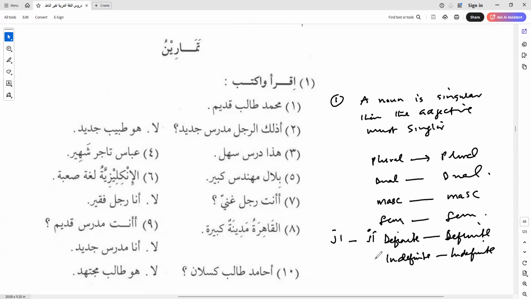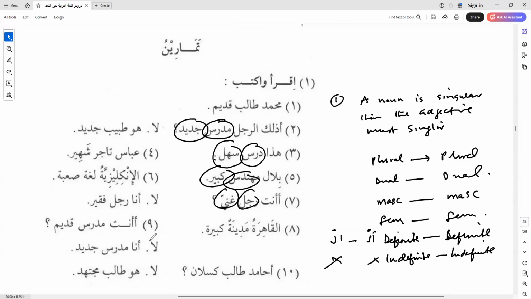If the noun doesn't have al, then the adjective too must not have al. So you can see that in our reading here, all the nouns are without al, like mudarrisun, jadidun, darsun, sahlun. So this is indefinite. Muhandisun, kabirun, rajulun, ganiyun.